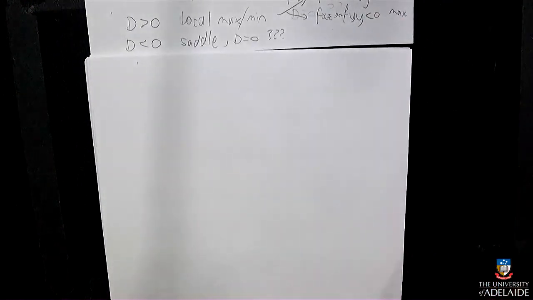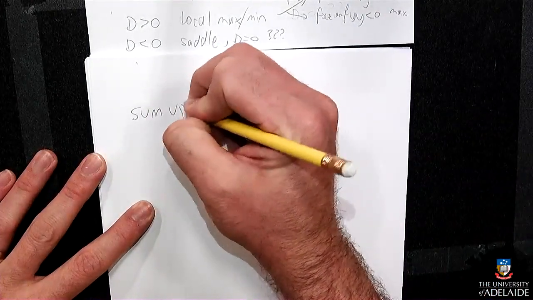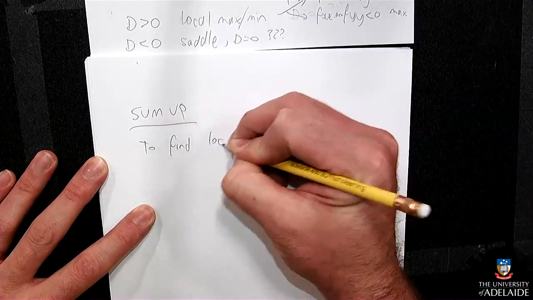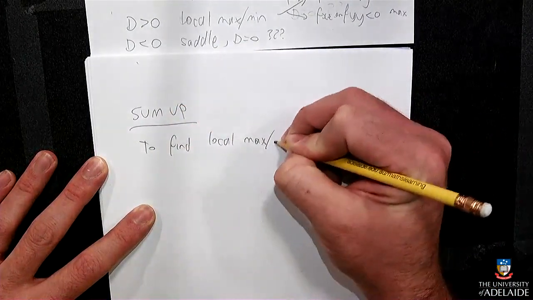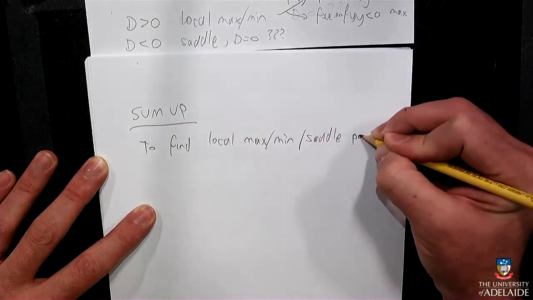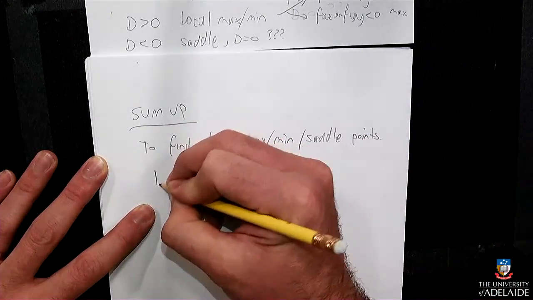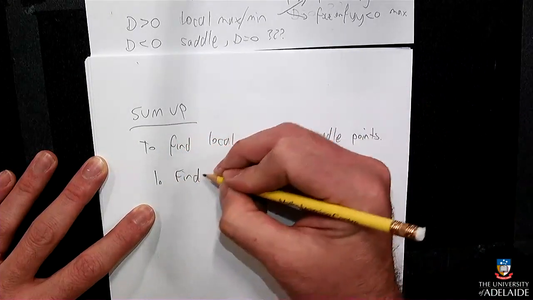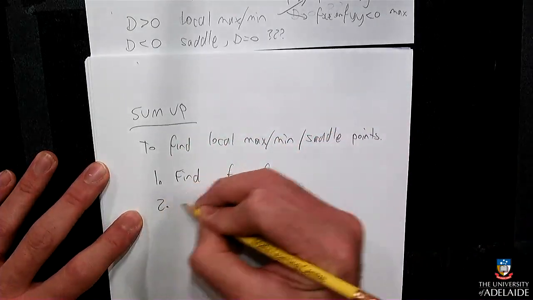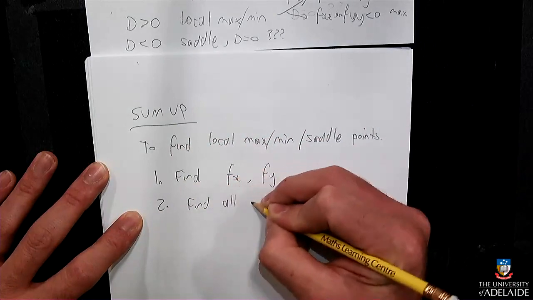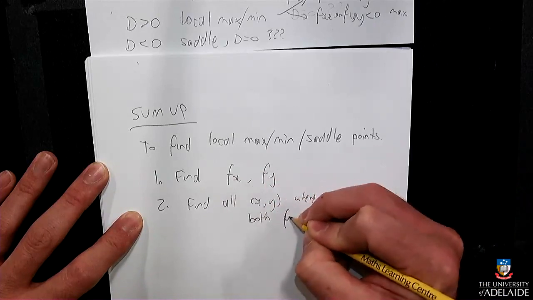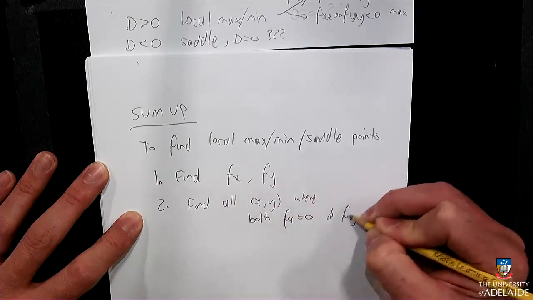Okay, so let me just sum that up. So to find local max, local min, or saddle points, find f_x and f_y. Find all combinations (x, y) where both f_x equals 0 and f_y equals 0.